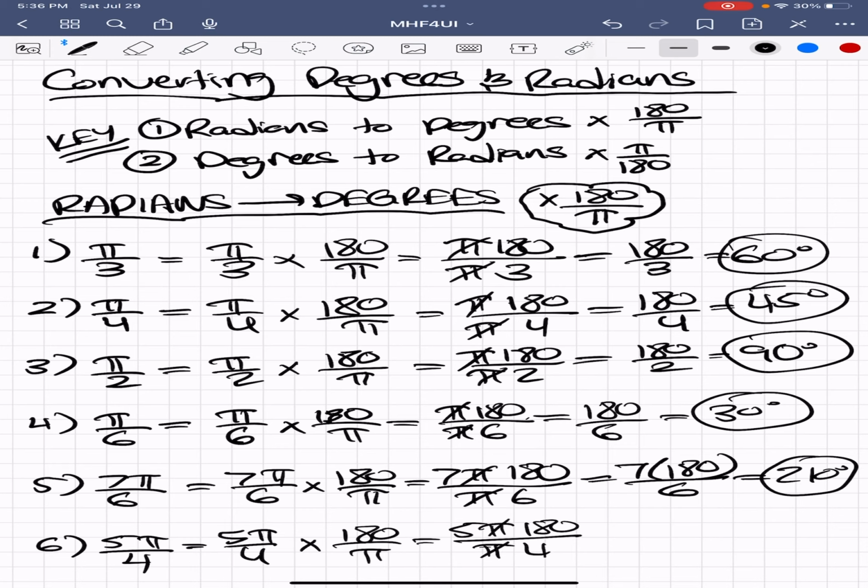Pi is common on the top and the bottom, and then we're left with 5 multiplied by 180 over 4. And that should be 225 degrees if you plug that into your calculator.